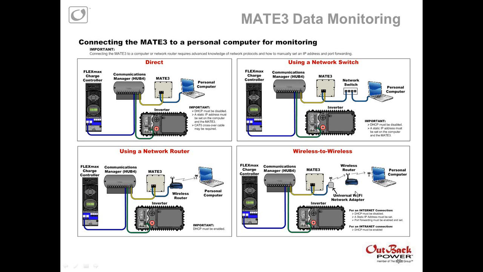So you'll have a universal Wi-Fi network adapter that you can buy at any electronics store for $20, $30, and then that will sync to your wireless router and give you free range to wirelessly access the system on your computer. It just gives you different options of how you can connect into the Mate3 via computer.